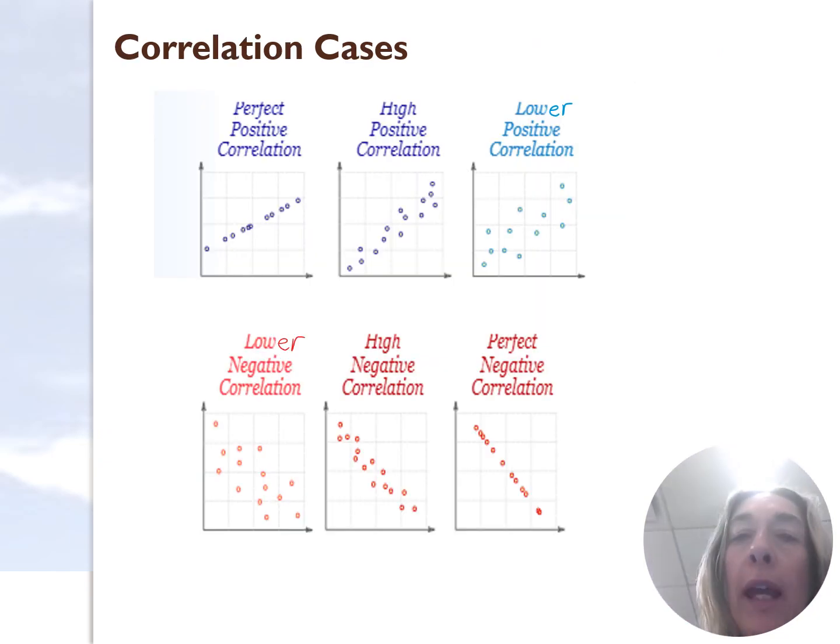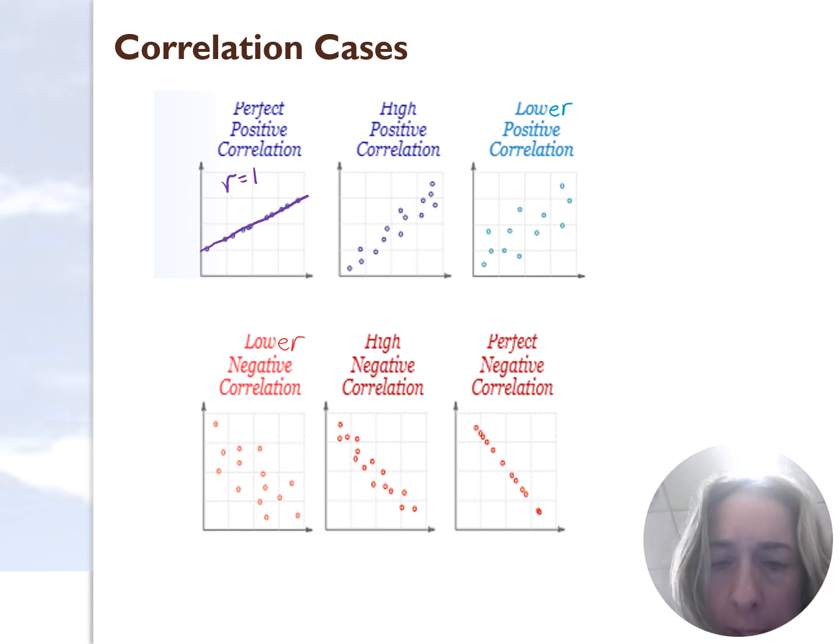Here are some graphical depictions of correlation. If we look at the graphs on the top of the screen that show positive correlation, here is our perfect correlation case of r equal to 1, where all those points lie exactly on that straight line.